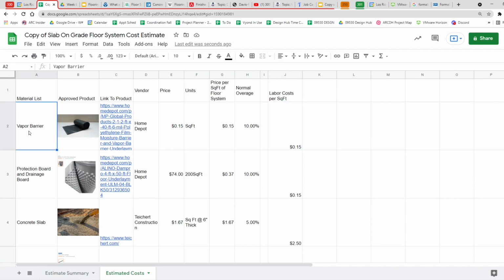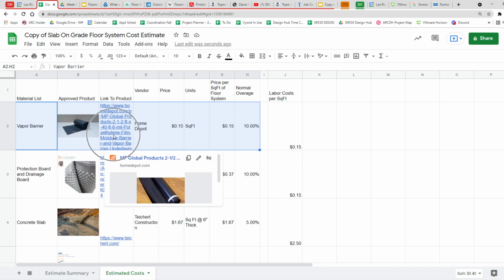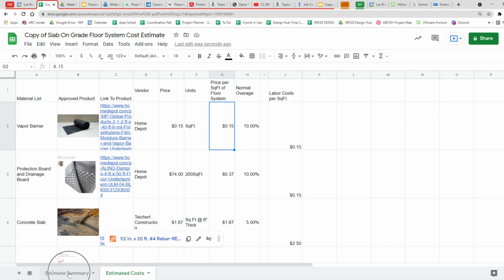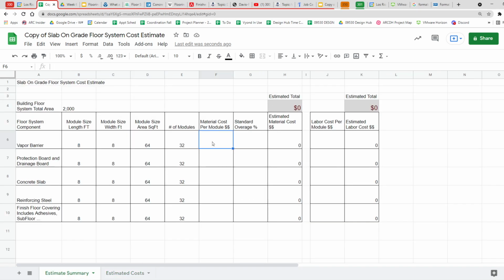Of course, every construction project would look up their own vapor barrier, get their own price and put their own numbers in. So every square foot costs me 15 cents. If I come back down here, I can put equals 0.15 per square foot.